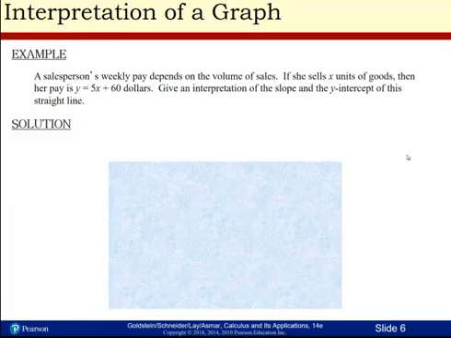So it looks to me like if she sells 0, her weekly pay is 5 times 0 plus 60. So she sells nothing. Her weekly pay is 60. Therefore, we have the point (0, 60). Let's do another point.